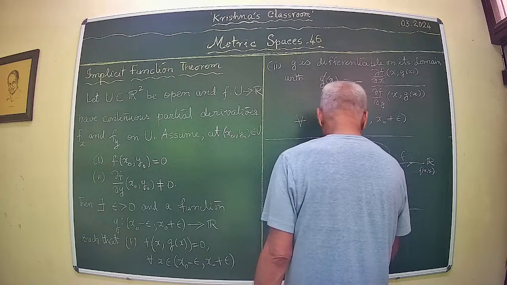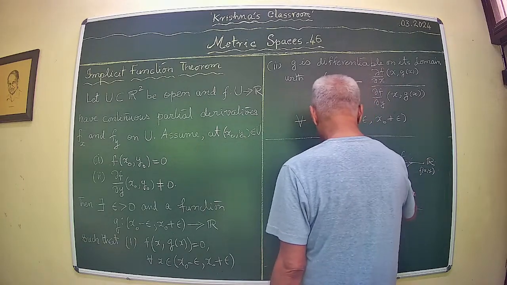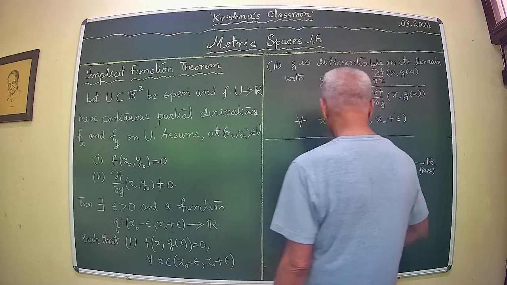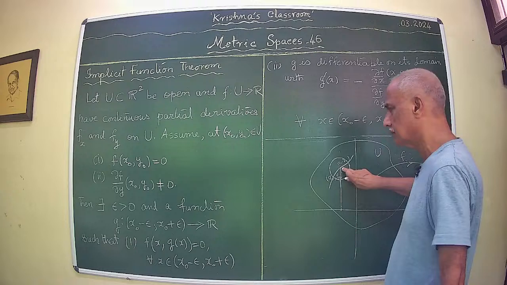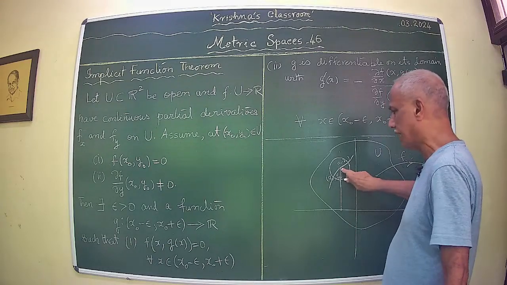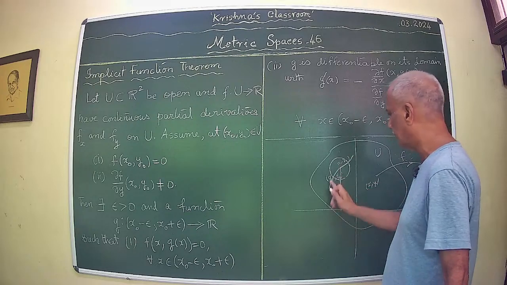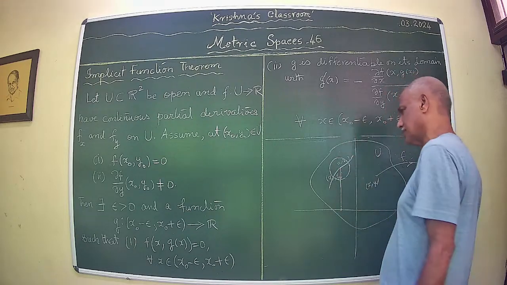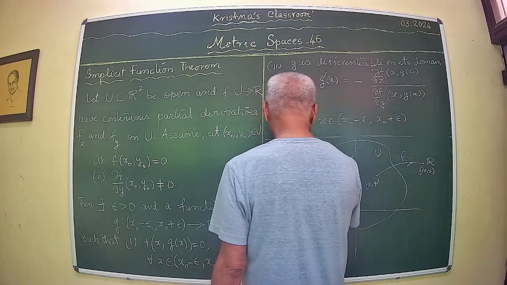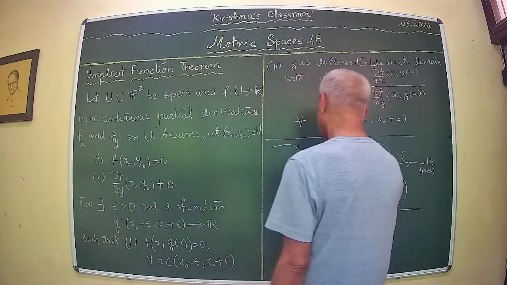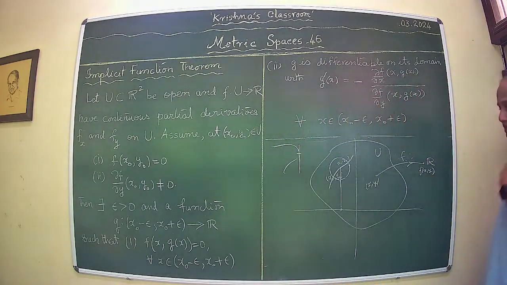Suppose the curve is something like this, where at this point Fy is not zero, that is, the curve does not take a vertical position. So it's not something like this, where you have a problem, like the case of the circle that we have encountered.